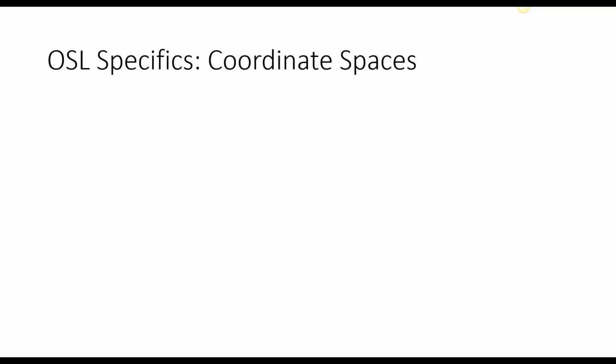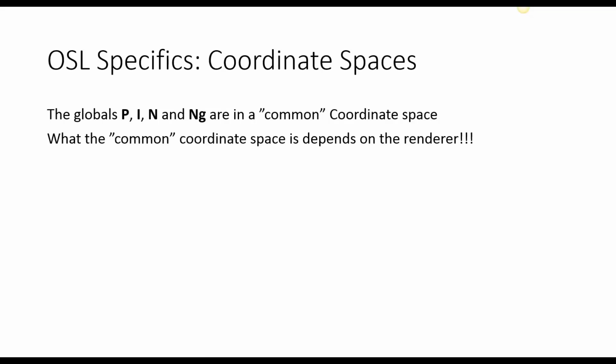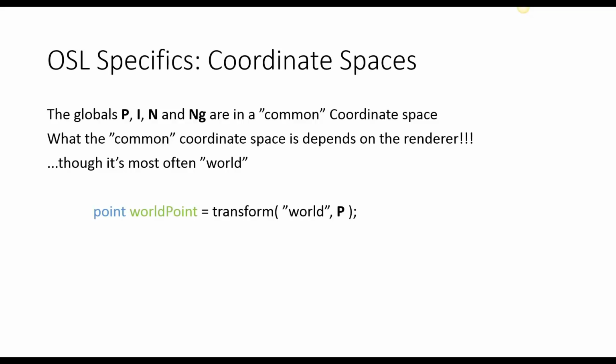Now, these all come in some kind of coordinate space, and by default they are in a coordinate space that is in OSL known as common. What common means is technically different per renderer, although in almost every renderer that actually exists, it's the world space. But to be really sure, we should write it like this.